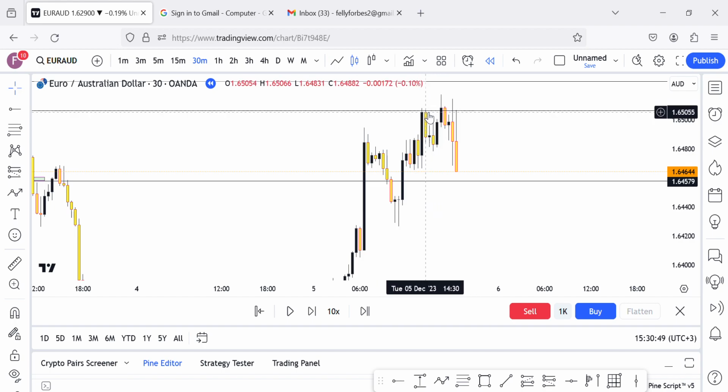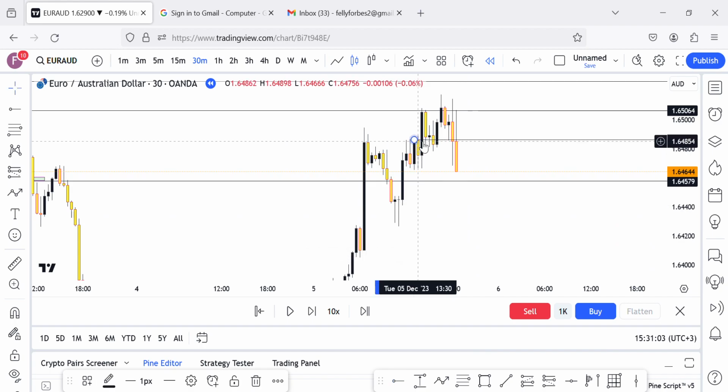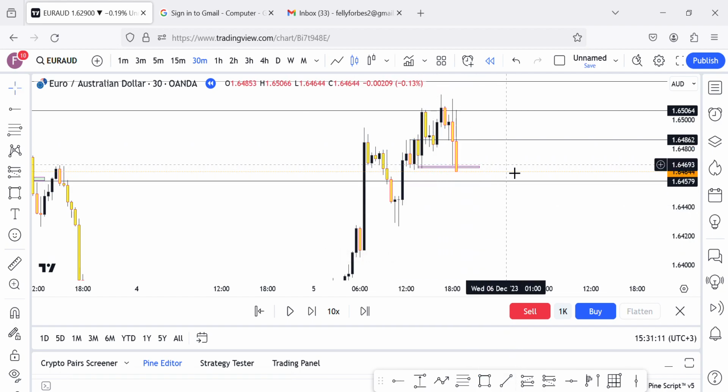So this one is not the liquidity engineering point. You will choose the lower one, this one. This one will be your liquidity engineering line, and the break of structure will be right here.